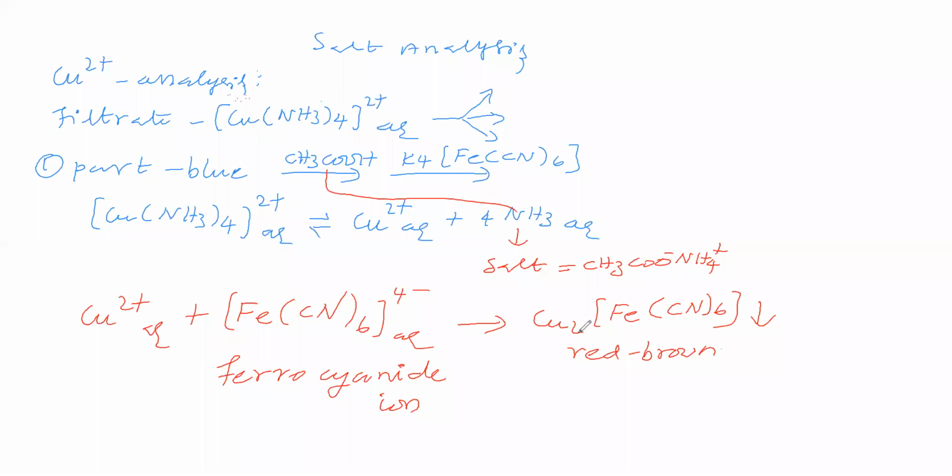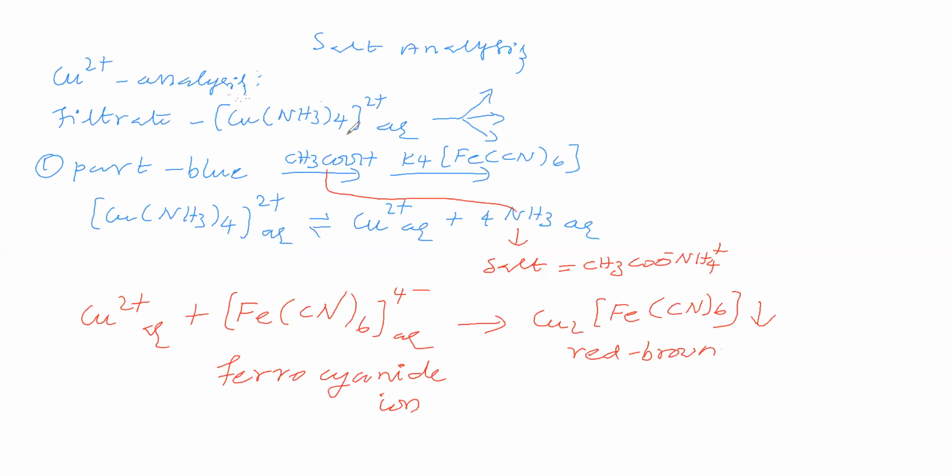It is a precipitate with a reddish brown color. We can also say it is a chocolate colored precipitate.